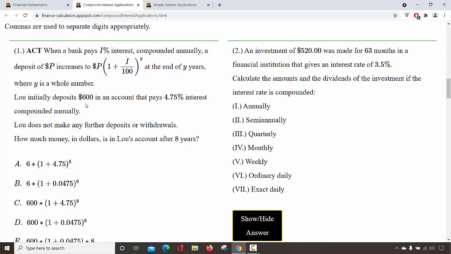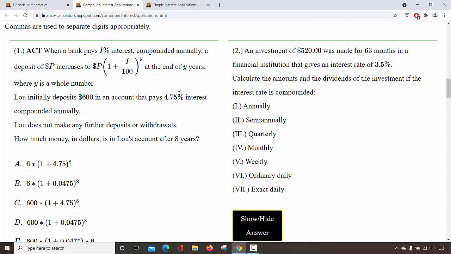Lou initially deposits $600 in an account that pays 4.75% interest, compounded annually. Lou does not make any further deposits or withdrawals. How much money in dollars is in Lou's account after 8 years?